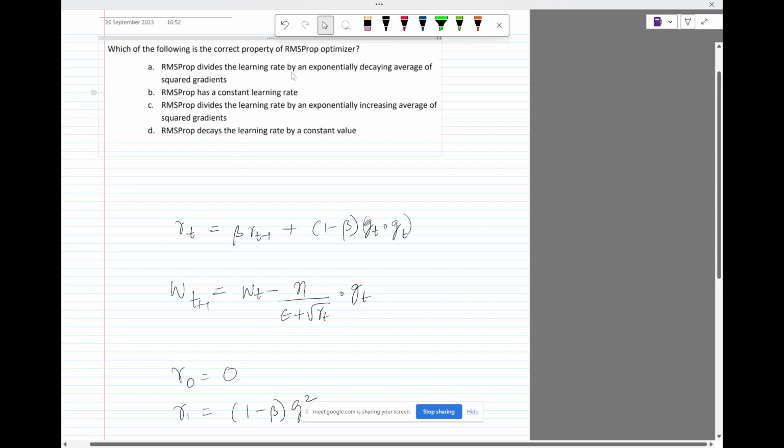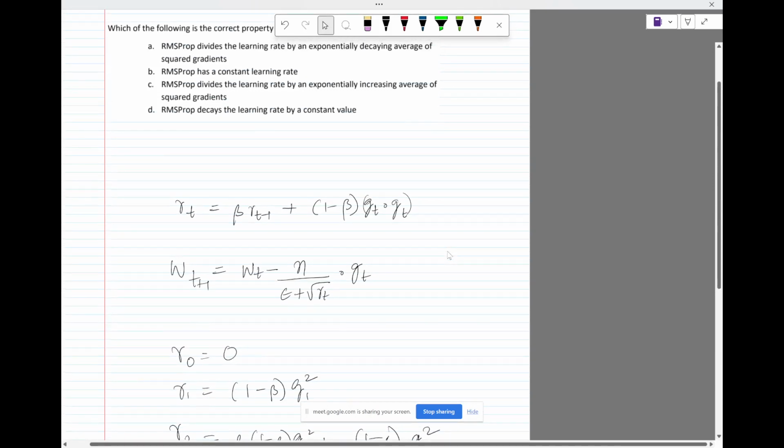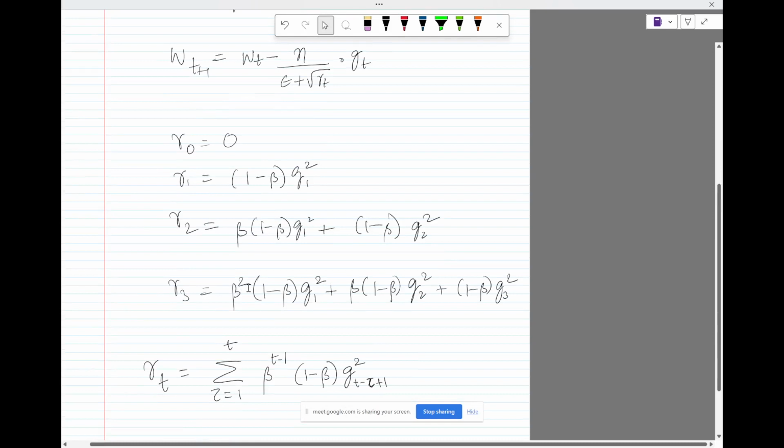The option says it divides the learning rate by an exponentially decaying average of squared gradients. So is this an exponentially decaying average of squared gradients? You have R3, and you have exponential terms as weights to these gradients, and they are averaged based on these exponential weights. So it is exponentially decaying, right?